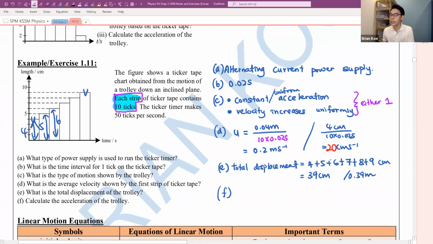Acceleration of the trolley. You have already found the U. Let's go and find out the V. V would be 9 cm or 0.09 meters divided by one strip got 10 ticks.